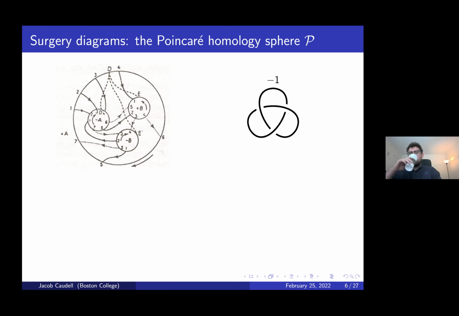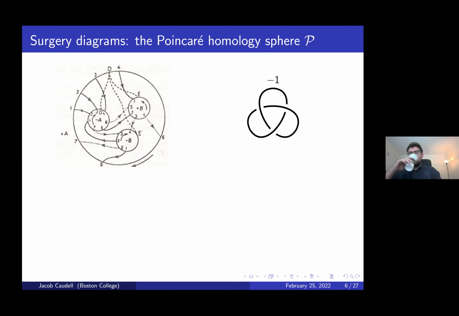If you perform surgery on this link, where here each of these integers is going to specify a simple closed curve according to this canonical identification that I mentioned earlier, then this gives me the Poincaré homology sphere.